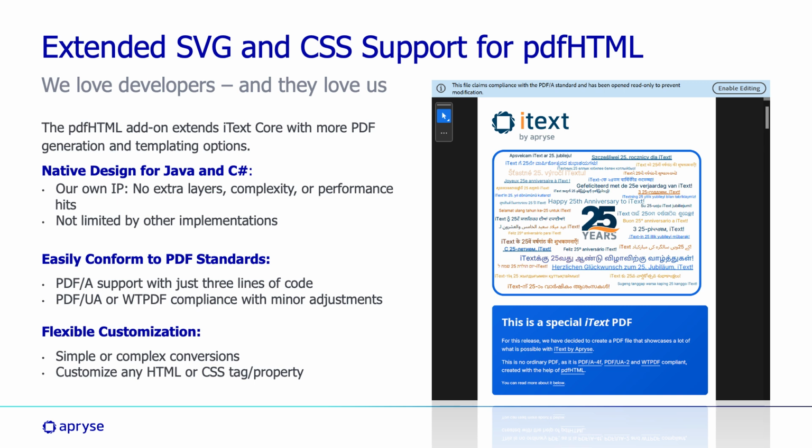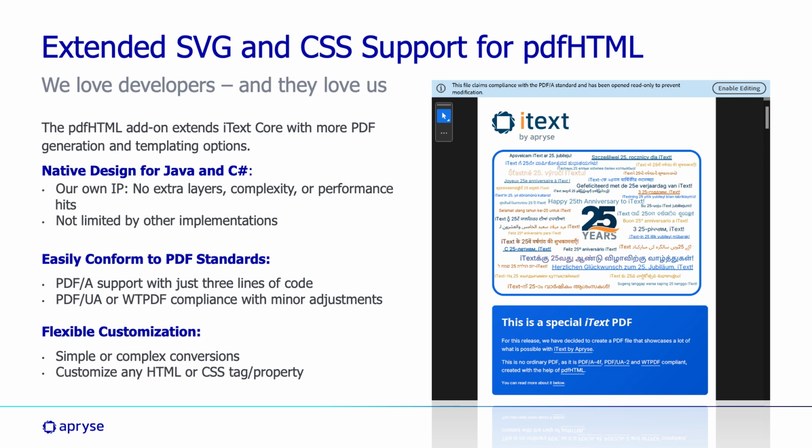So it's SVG, pdfCalligraph, pdfHTML, iText Core, everything wrapped together to create this PDF file. Oh, and we share the source code, so you can also see how these PDF files are created.